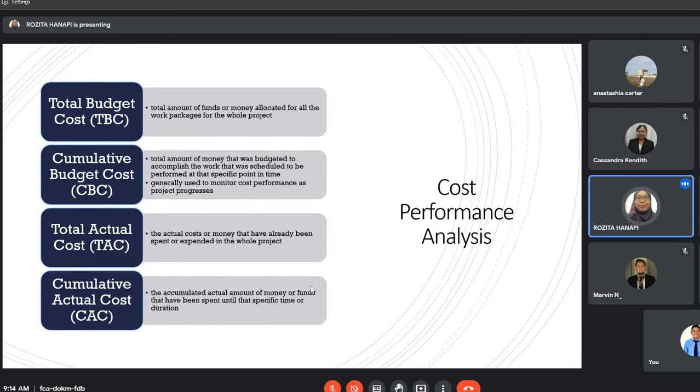And then total actual cost is the actual cost of money that have already been spent or expended in the whole project, and cumulative actual cost is the accumulated actual amount of money or funds that have been spent until the specific time or duration.